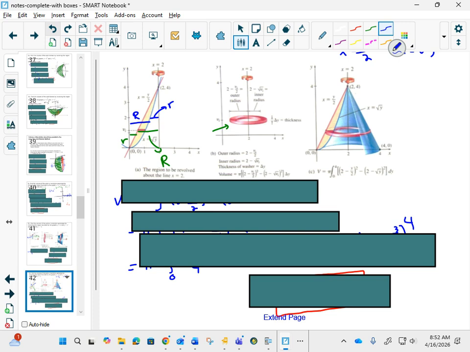Looking at the picture, and again, drawing the picture, getting a sense for it can tell you what to do. Memorizing, oh, sometimes I add 4, sometimes I subtract 4, can throw you off a little bit depending on the situation.